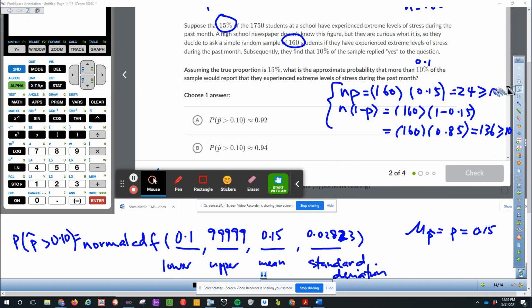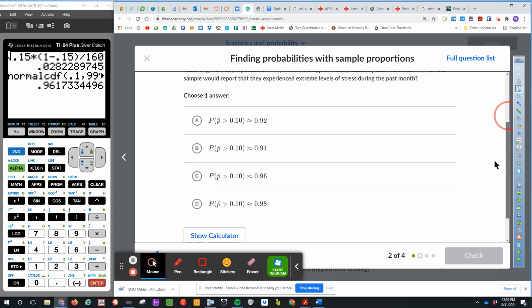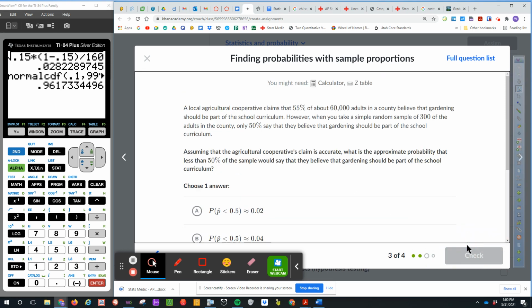Okay, and then when you press enter, voila, 0.9617, so on and so forth. And here the closest to it is this one, 0.96, right? If you round this to 2 decimal places. Sweet. Okay, I hope this is making sense.